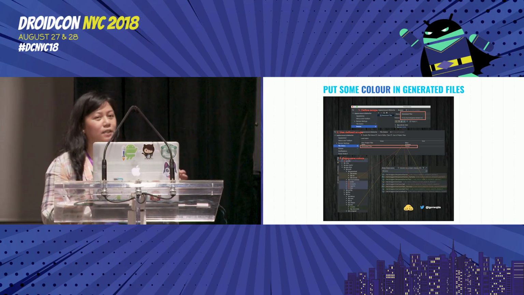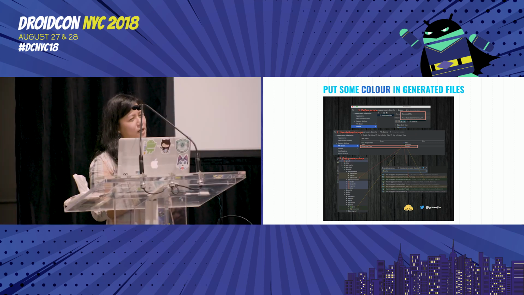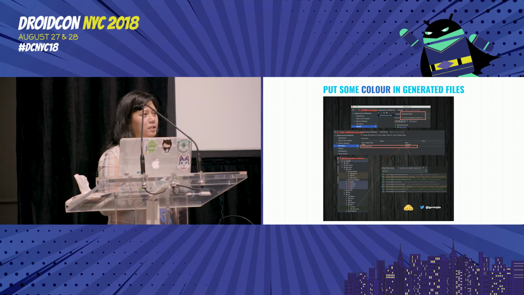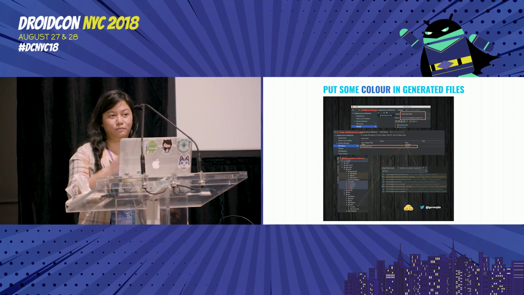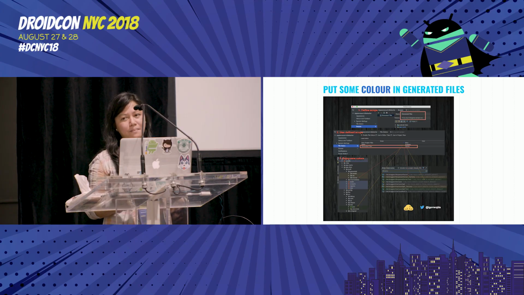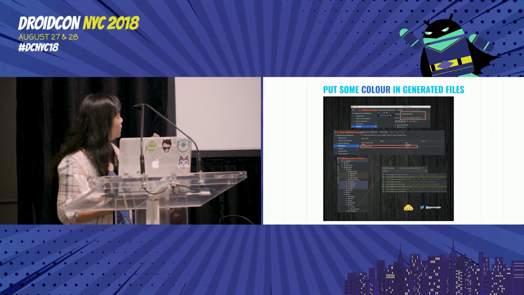So this is a tip that I've learned very recently from Igor Voida. I don't know if I'm pronouncing his name correctly, but he mentioned this on Twitter and I just took his image and dropped it in. He mentioned that if you want to distinguish generated files from actual written files in the Command-Shift-O list of file matches, you can define a color in a scope in Android Studio.